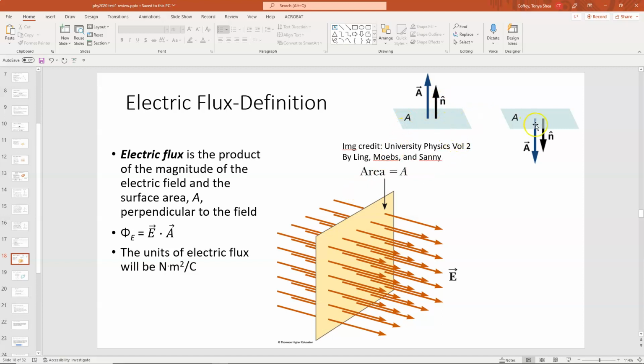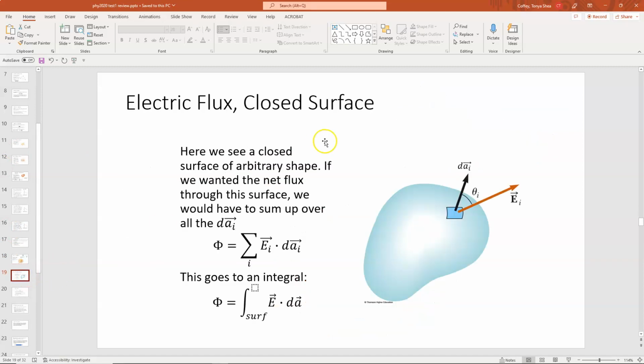Now for open surfaces like these rectangles, the area vector could point in either direction. However, for closed surfaces like spheres, remember that your area vector is going to point radially outward, okay? So it's going to point outward from your surface, all right? And that's the definition for our area vectors. That's also shown here, okay? Our little dA at this point is pointing outward from the surface, so it's pointing away from the surface's enclosure.